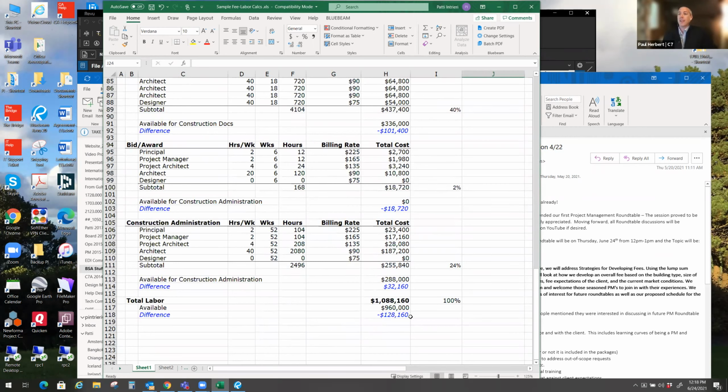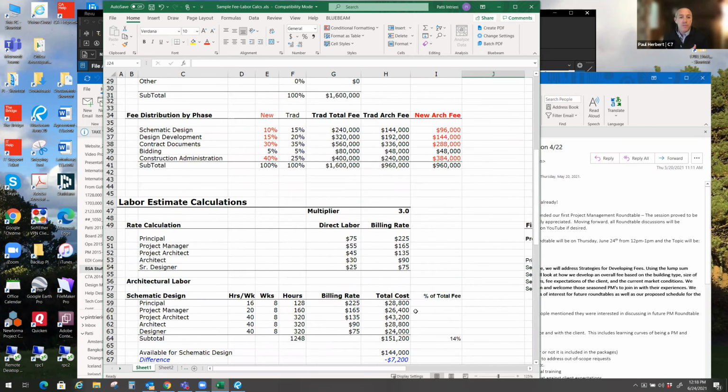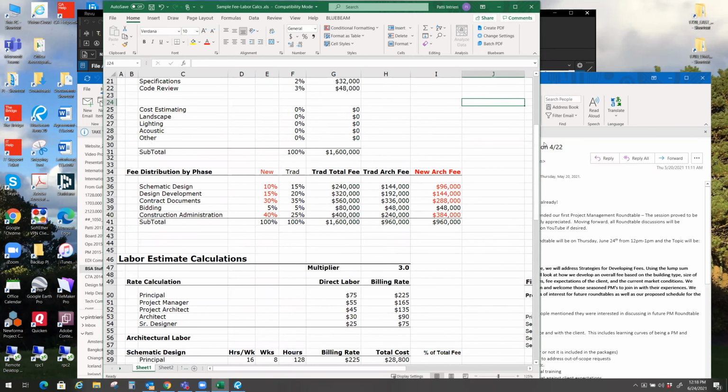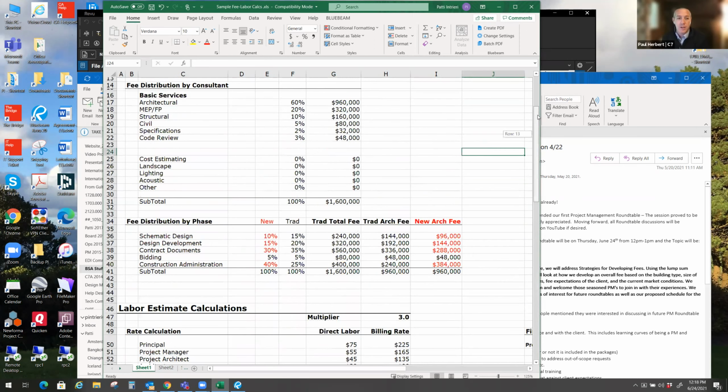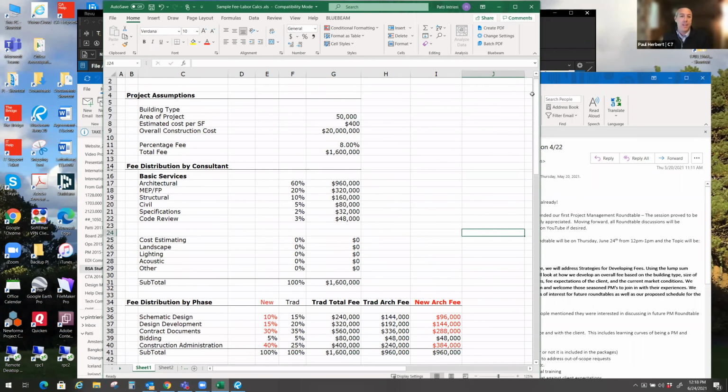I think the other thing is that when you do the bottom-up fee, you can also factor in other factors, like sometimes clients are different and they have serious hand holding that needs to happen, or there's going to be twice as many meetings. You can build that into the bottom-up fee, knowing that this is what it's going to take.